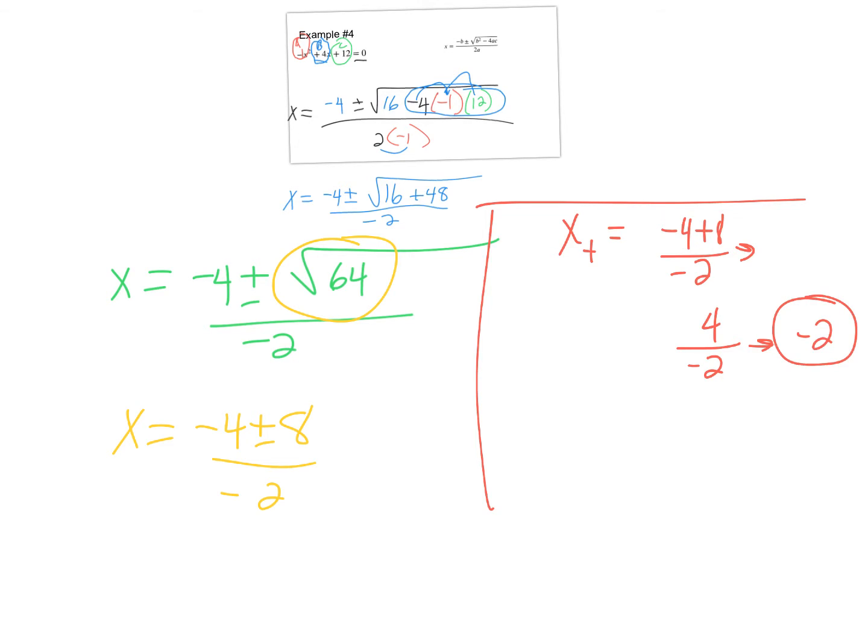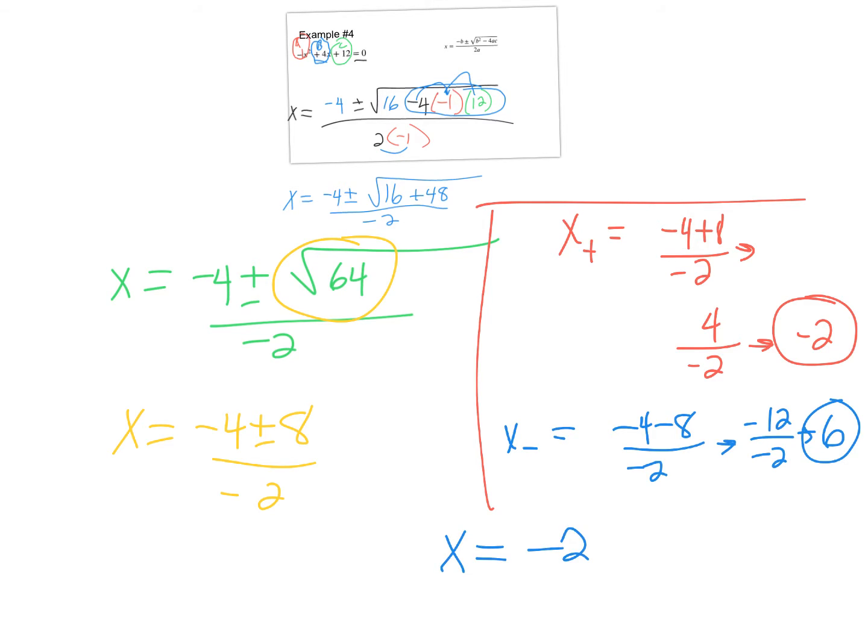My x negative says we're going to do negative 4 minus 8 divided by negative 2. So negative 4 minus 8 is negative 12 divided by negative 2, which is going to be 6. So my solution set, x is going to equal negative 2 and 6. See? Pretty simple.